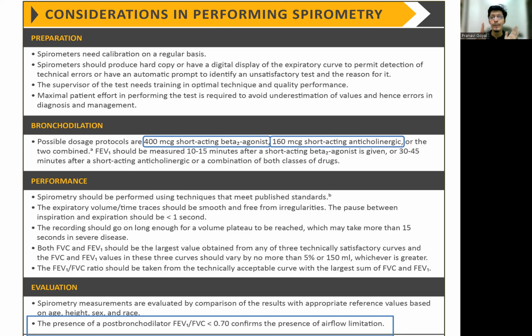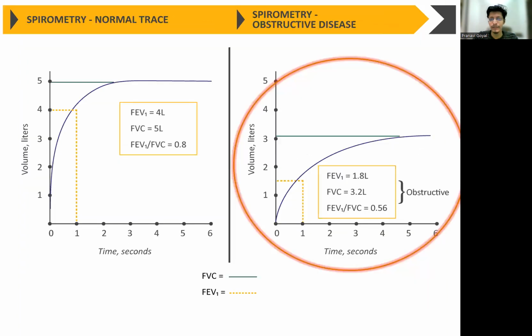So it's a post-bronchodilator spirometry in which the FEV1 upon FVC ratio is less than 0.7, that makes a diagnosis of COPD. Next, you can read. See, this is a normal lung in which the FEV1 upon FVC ratio is 0.8.